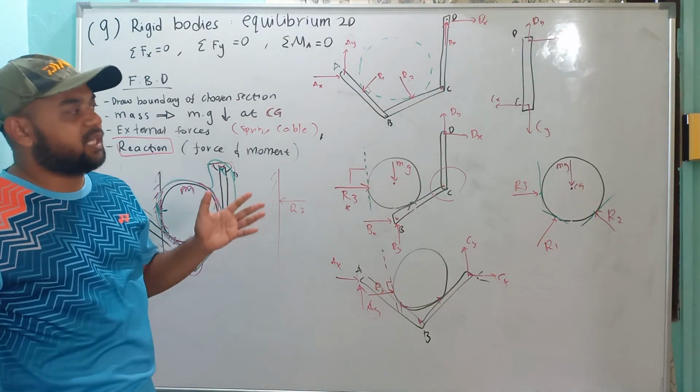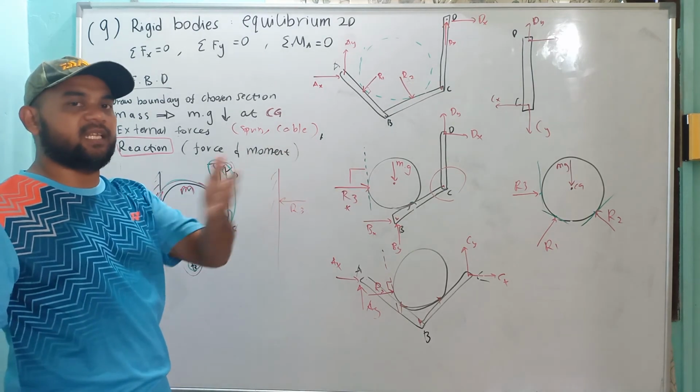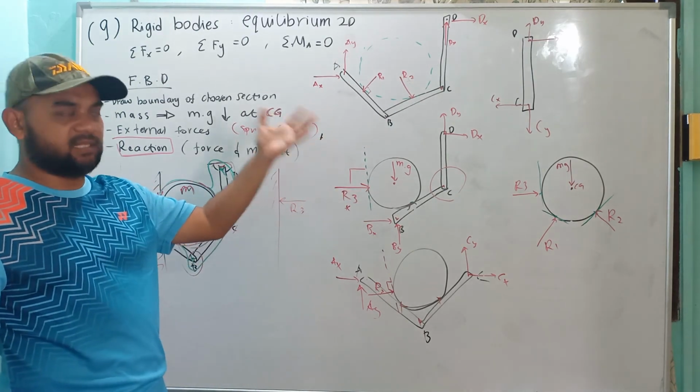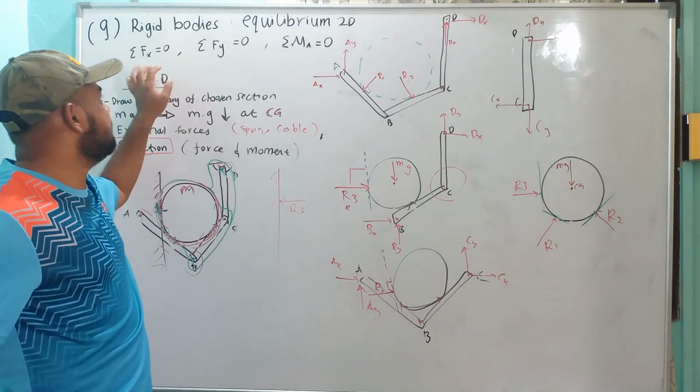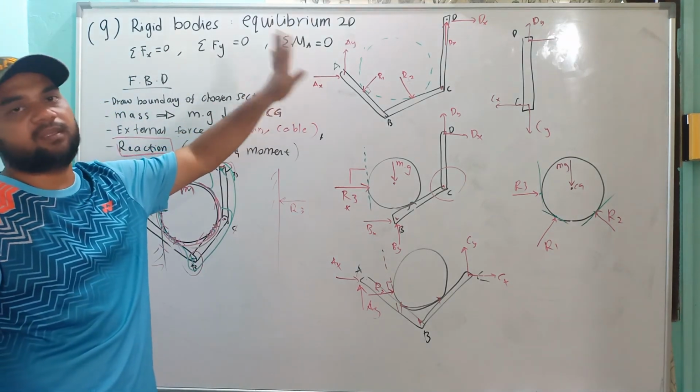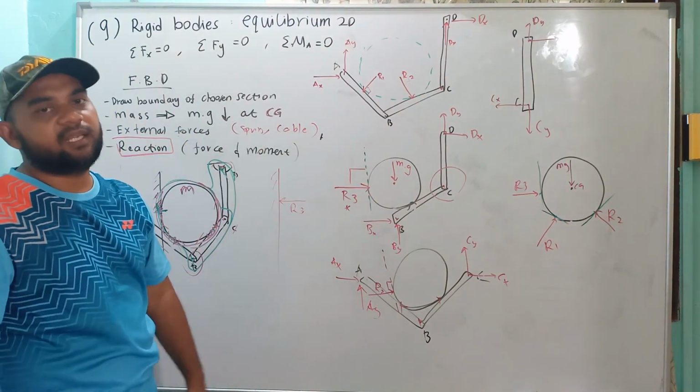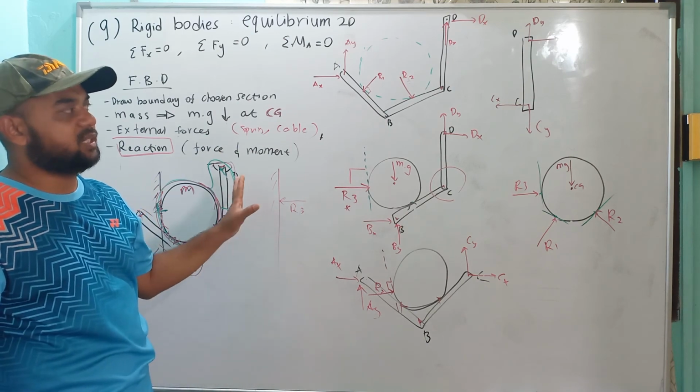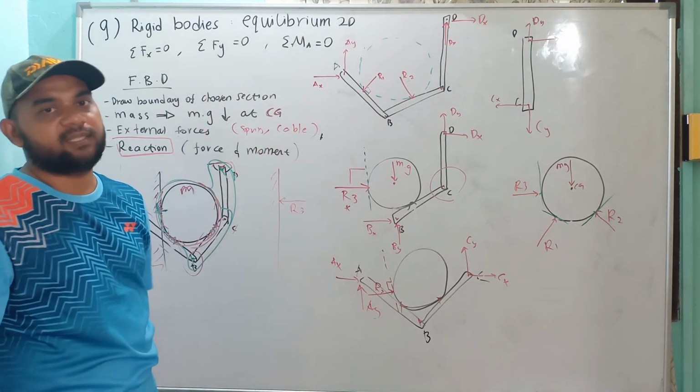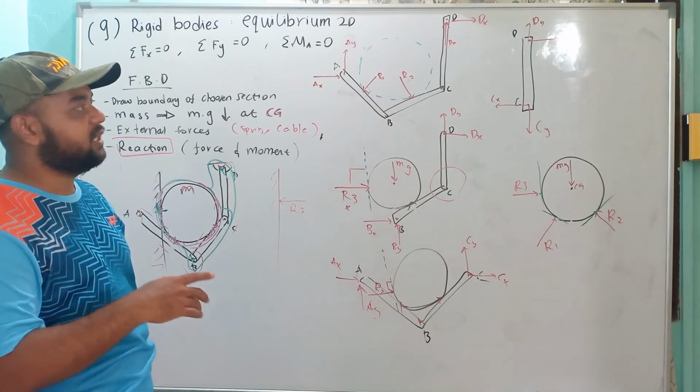Normally in 2D equilibrium, they will ask you to find the reaction force at any point, or the external forces and so on. But you have three equations, Fx, Fy and moment. You will normally have three unknowns, so you use simultaneous equations and you can solve that one. Okay, see you later for the example.